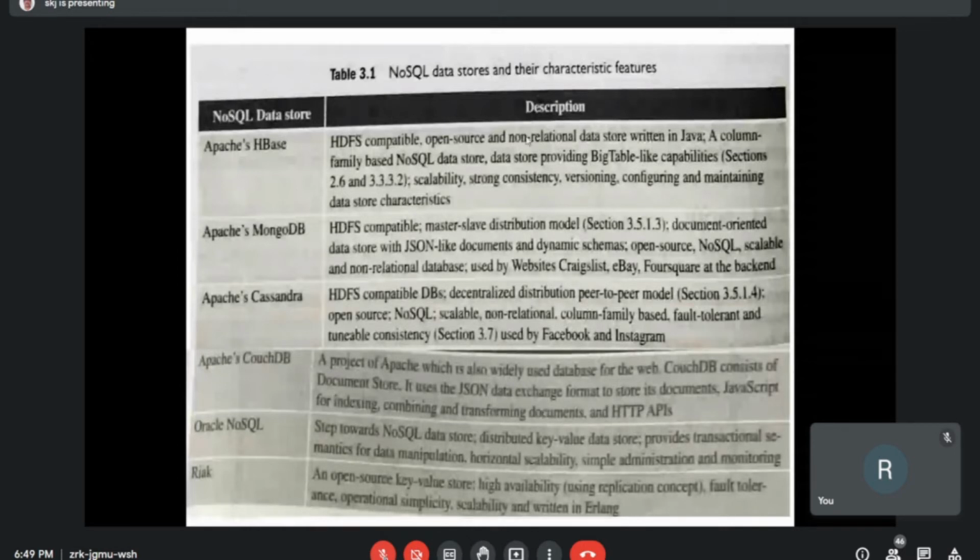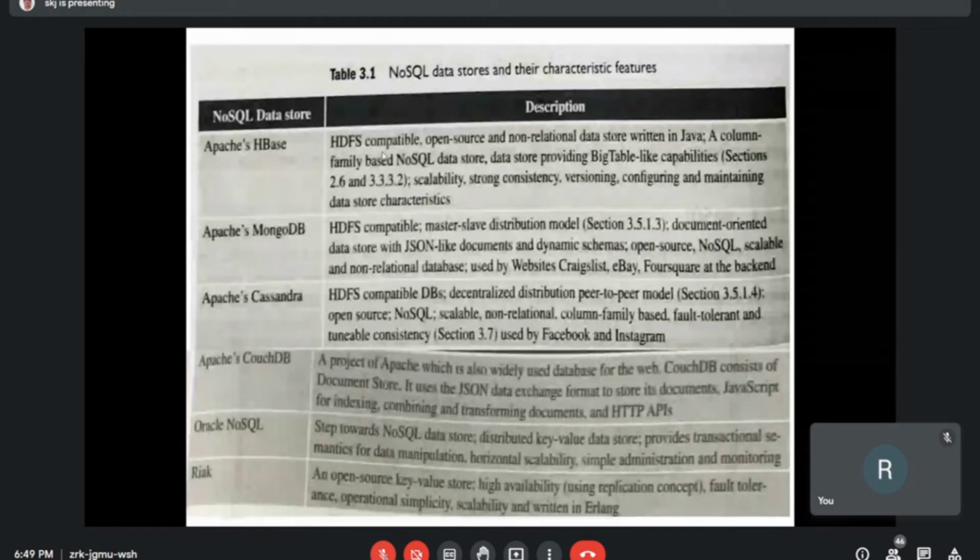The names you might already have heard: Apache HBase, MongoDB, Apache Cassandra, Apache CouchDB, Oracle NoSQL, and Riak. So they are the names of the NoSQL databases, and who has developed them and for what purpose, those things are written in the description.